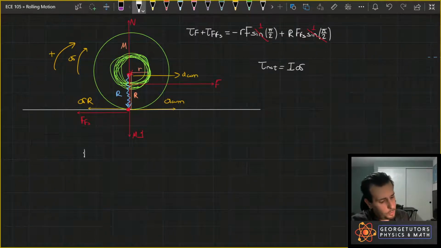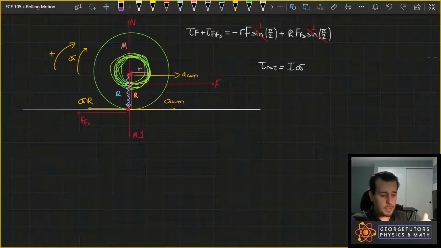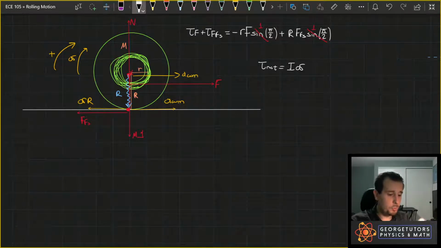For the spool itself, typically you're going to be given the moment of inertia of that system. If you're not, you can use ratios of the mass from the outer spool and the inner spool, and that will help you determine what the moment of inertia is.